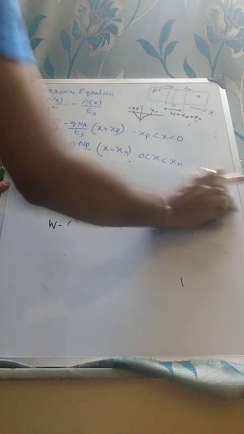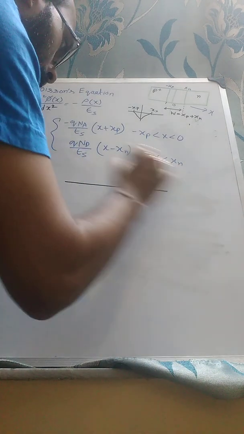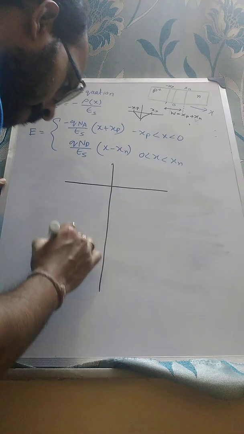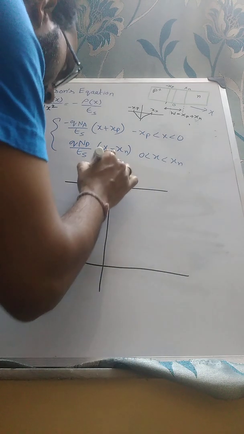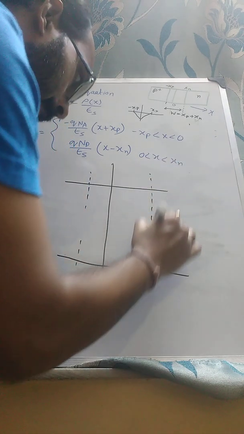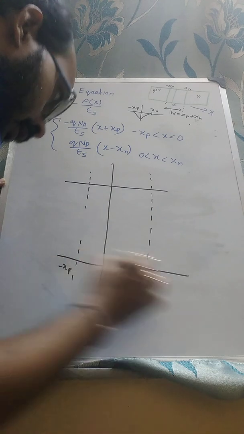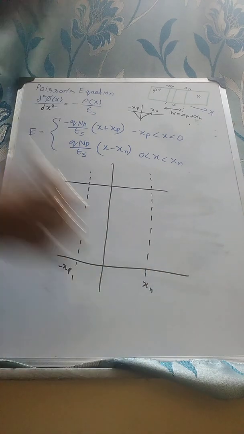Fine. And one last thing is that I have showed you the plots. So this is your minus xp, this is your xn. Fine.